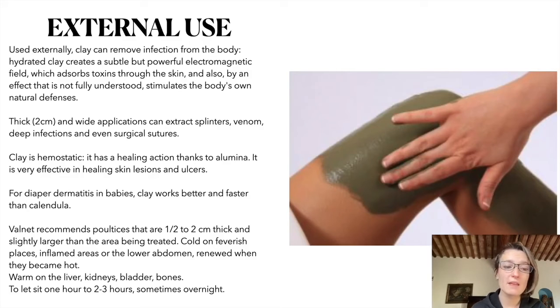And you want to make them warm if you want to apply those poultices on your organs, like your liver, your kidneys, your bladder, and on your bones. So you can warm the clay under the sun, or in a bain-marie. I don't know how to explain it in English, but it's a way to gently warm up something.